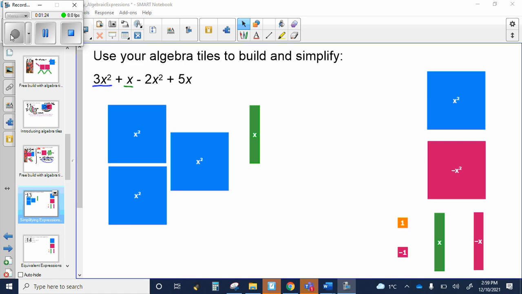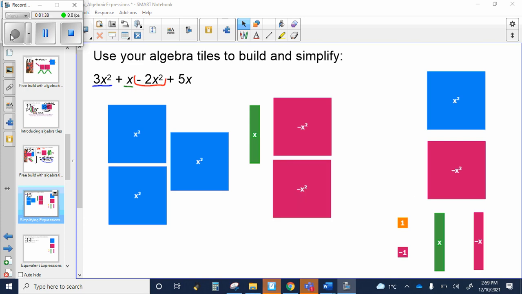And then we've got negative 2x squared. Don't forget that negative right here. So let's bring that out. I need 2 of these. And then we've got 5 more x tiles. Okay, so let's bring that out.